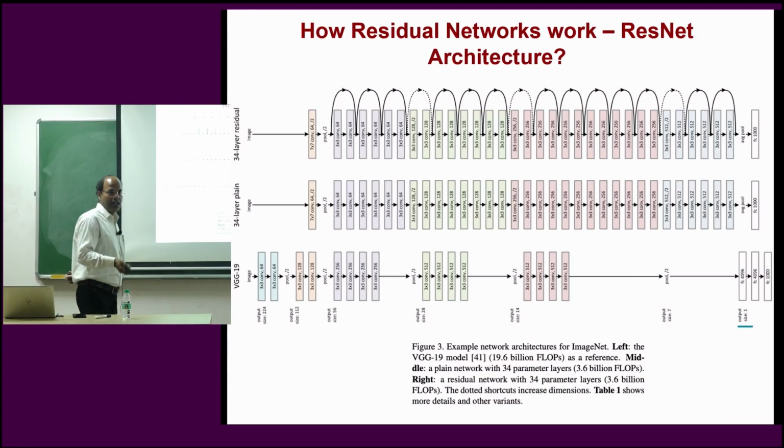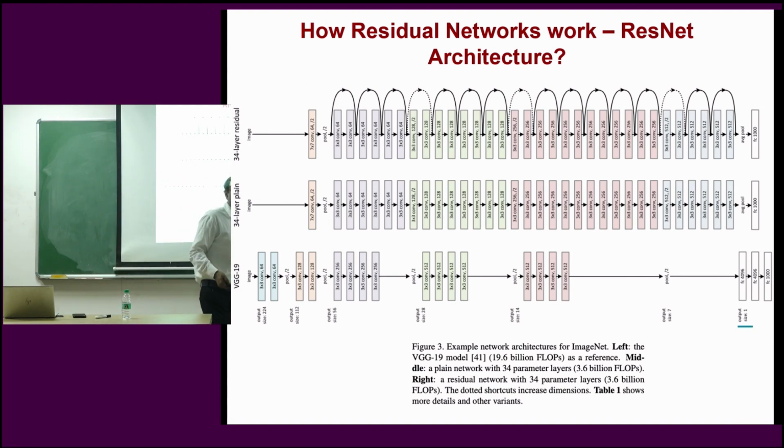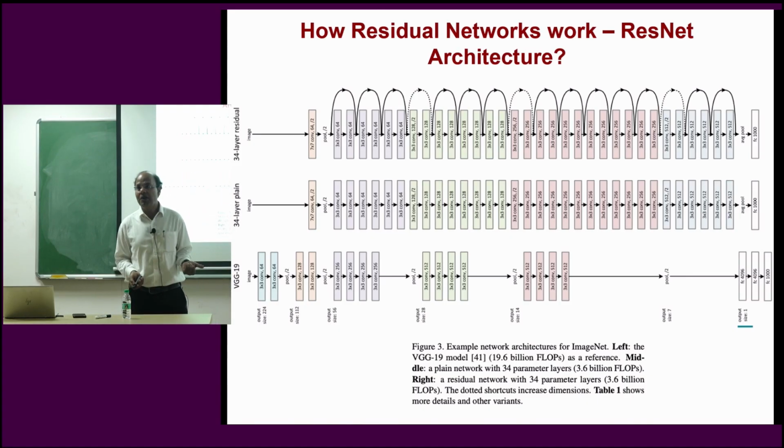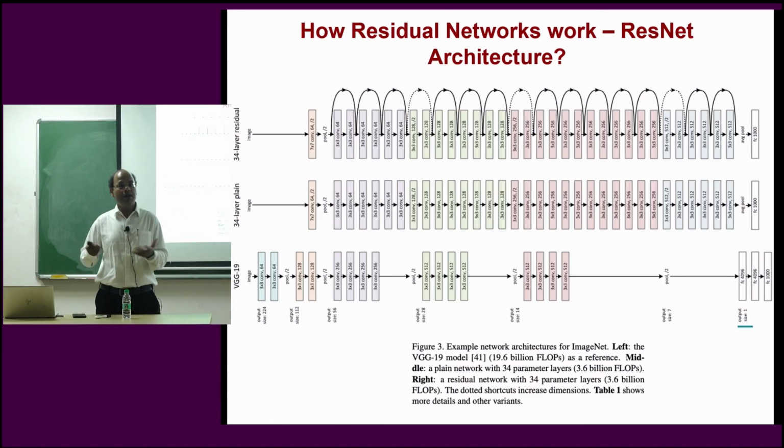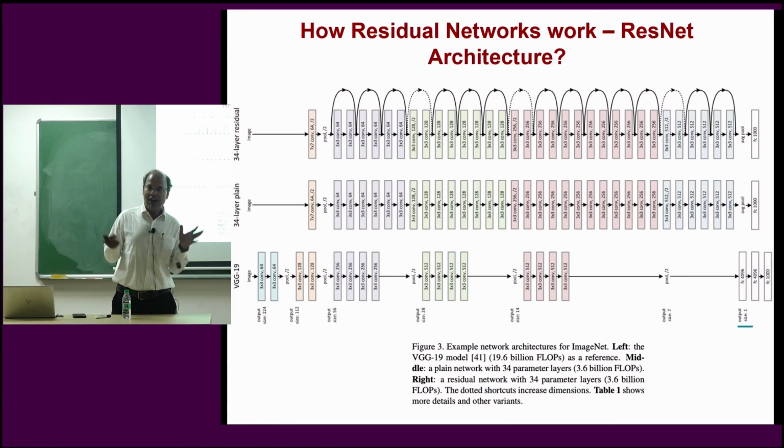Some concepts I am telling you: when you are doing project work or research, you should have some scope to modify the residual block, okay? There is also the squeeze and excitation block. You can also use that in a skip connection and see what will happen. So you have to look at multiple ways of modifying the model.